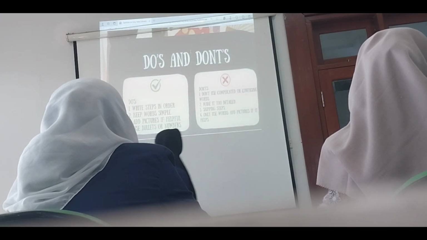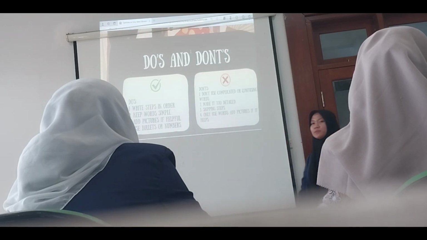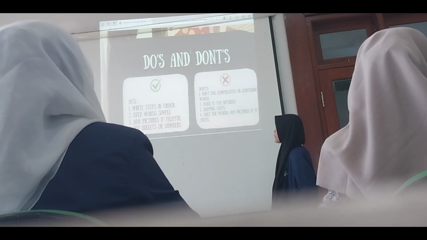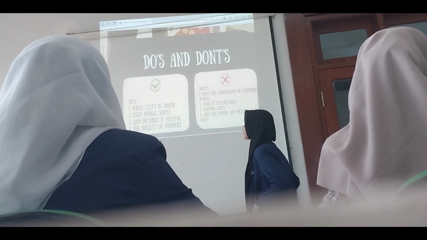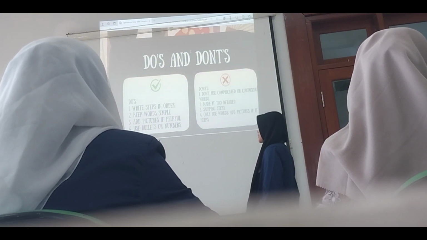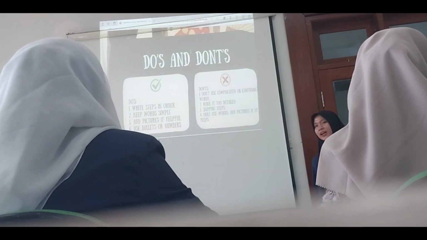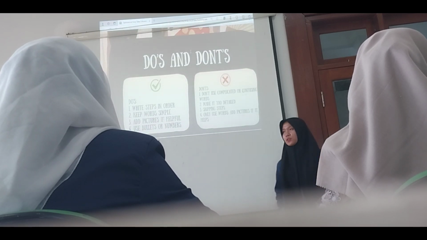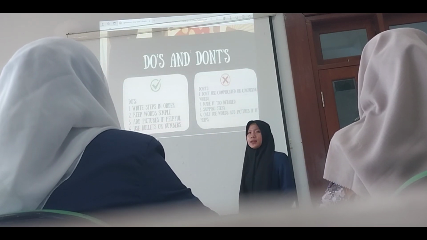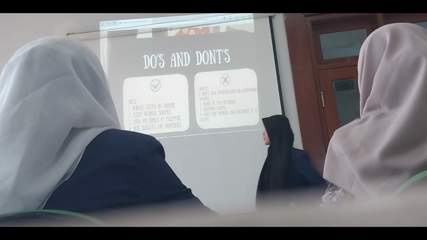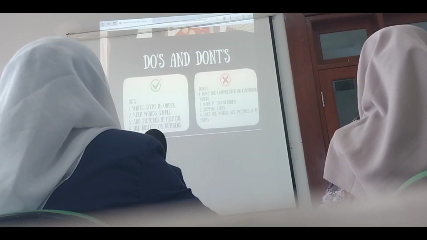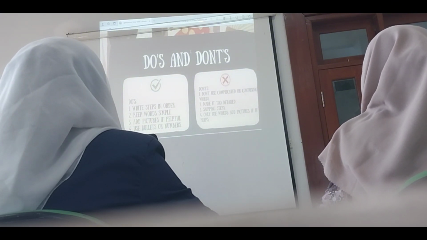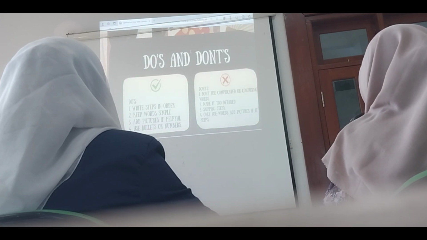Here are the do's and don'ts in writing procedural text. The first is do's. Number one, write steps in order. Yes, we have to write the steps in order because if we do not, of course the reader will be confused, right? So it's very essential for us to write the steps in order.